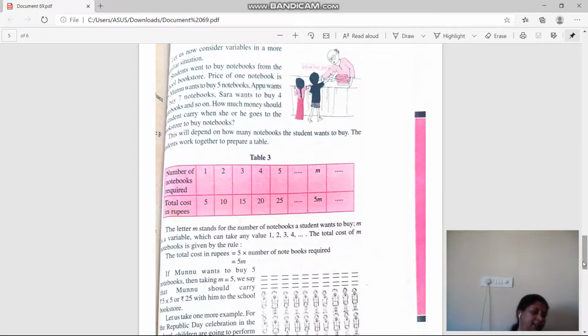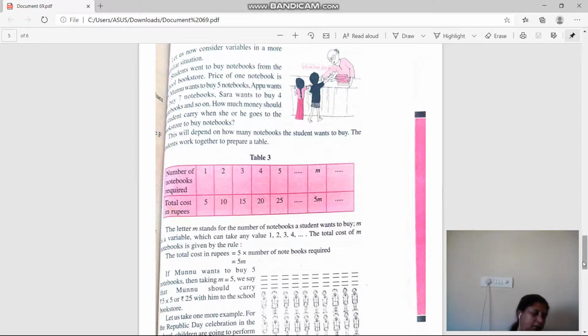Now let us consider variables in more situations. So far we have used variables only in matchstick patterns. Suppose we take another example. The students went to buy a notebook from the school bookstore.